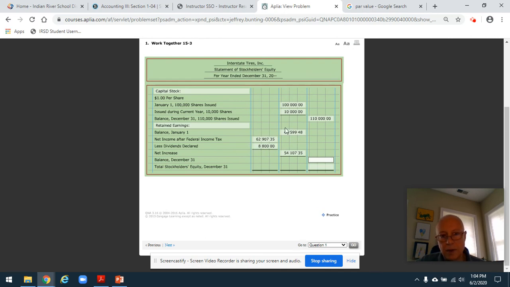So the value of our equity plus the value of income, which we closed to capital, increases our equity. And then we now have $100,706.83 in retained earnings. With the value of our capital stock, our total shareholder equity is now $210,706.83. Okay, guys, that's how you do it.